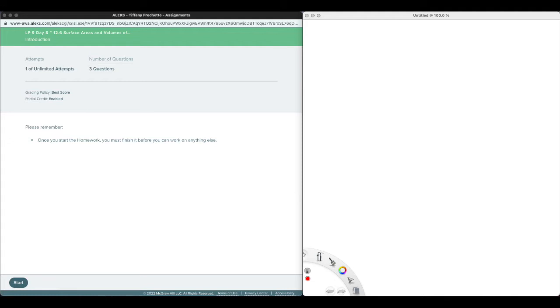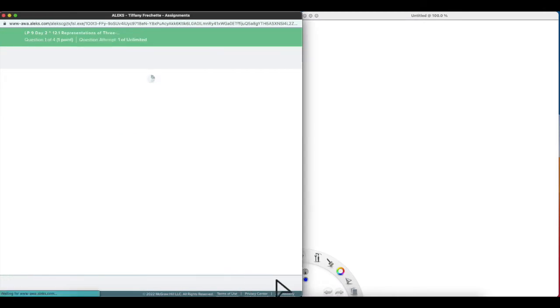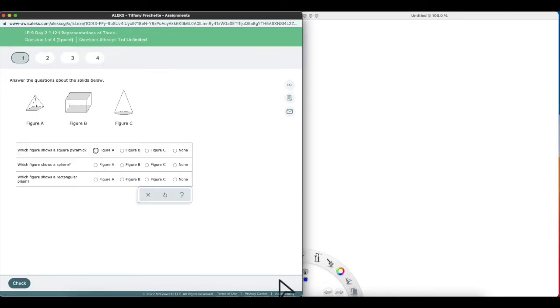Down here it says, please remember, once you start your homework, you must finish it before you can work on anything else. What that means is once I click start, down here in the bottom right corner, there's going to be a submit assignment button. This is how we finish an assignment. Alex is going to lock all of your other assignments and even the resources until you click the submit assignment button. What it's trying to do is leave this attempt open for you and not close it.